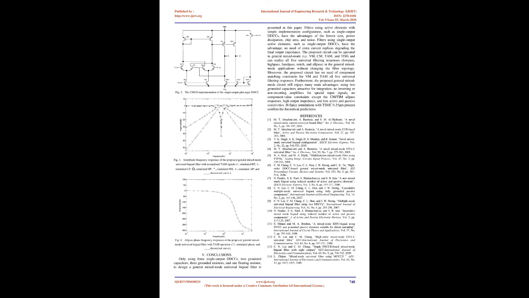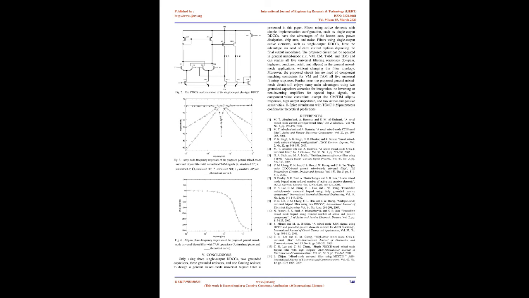Assuming the circuit works at frequencies much less than the corner frequencies of α(s) and SS(s), namely α(s) = 1 - εi, where εi denotes the current tracking error of the DDCC, and SS(s) = 1 - εv, where εv denotes the voltage tracking error of the DDCC.